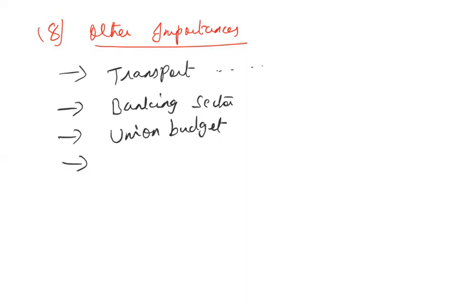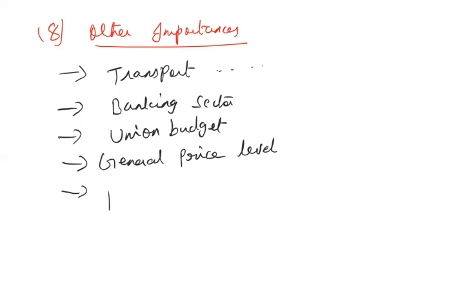And the general price level in the country: if there is food inflation, a shortage of food grains, or the price of food grains increases, immediately it reflects in the general price level of the country.